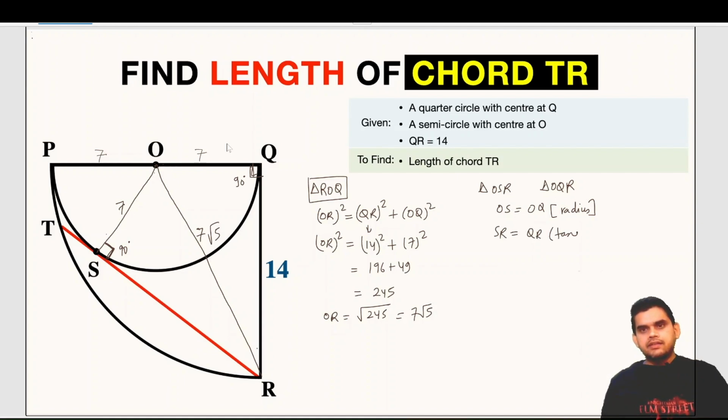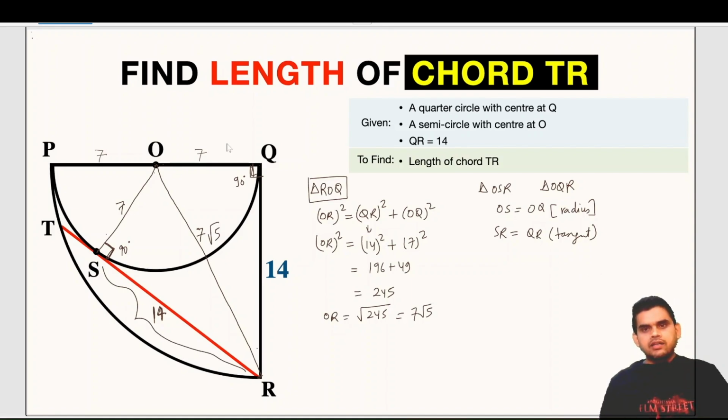The reason is they are tangents. R is an exterior point, and to this semicircle, two tangents can be drawn from this exterior point. So the first tangent is RQ and the second tangent is RS. So their length is equal. So this distance RS is also 14 units.